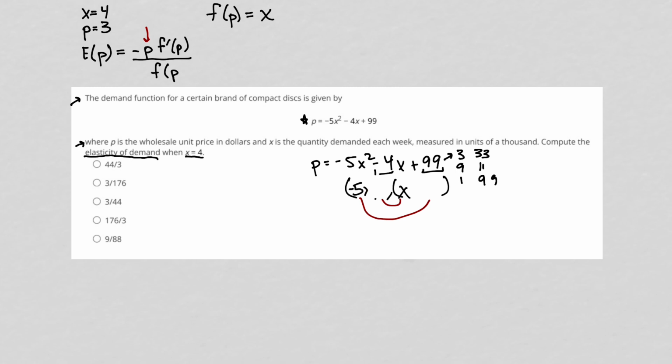If I put my 33 on this side and my 3 on that side, that's 15 and 33. No way to get a 4 from that either. And if I use 9 and 11, that's 45 and 11. No way to get 4. My goal is to get a negative 4, by the way. So there's no way to get a 4 from combining those two things together.